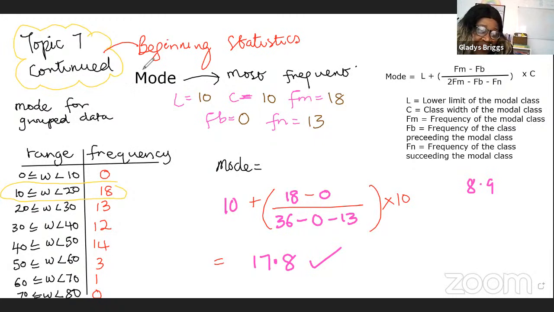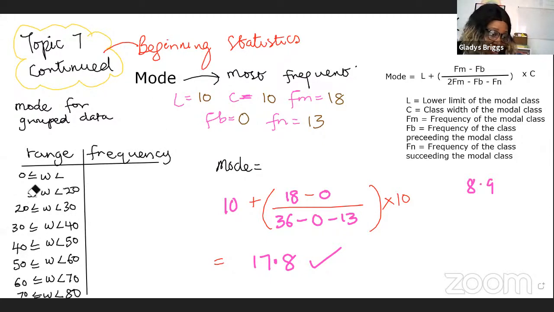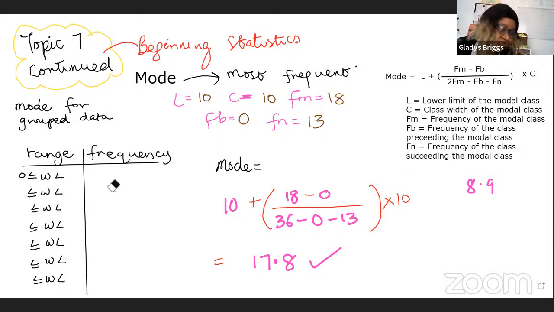Okay, so I'll get us to do one that is a little bit different. Okay, so the classes are 0 to 2, 2 to 4, 4 to 6, 6 to 8, 8 to 10, 10 to 12, 12 to 14. I'm going to rub these off now.